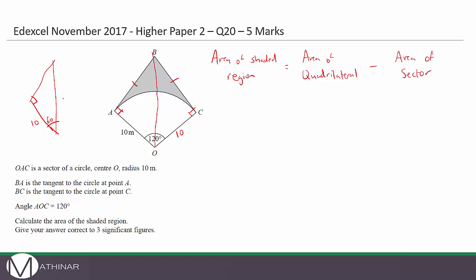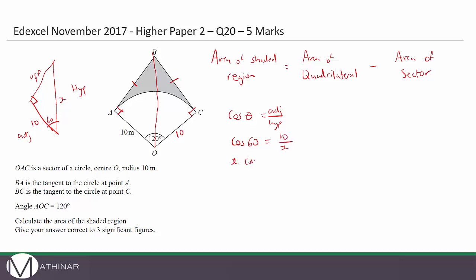So let's call the hypotenuse x. And if we label this triangle, then this is my hypotenuse. The angle is here, so this is my opposite, and this one is my adjacent. Using basic trigonometry here, we have the adjacent and the hypotenuse, so we need to use cos. So cos theta is adjacent divided by the hypotenuse. So theta is 60, so cos 60 is equal to the adjacent, which is 10, divided by the hypotenuse, which is x.